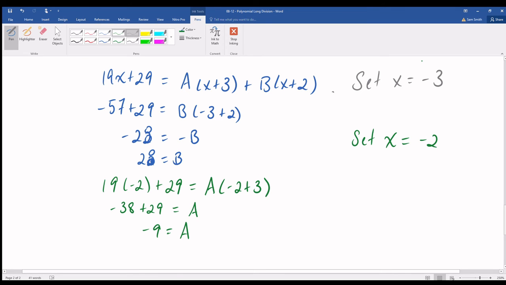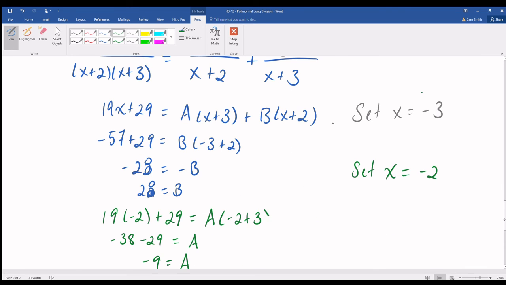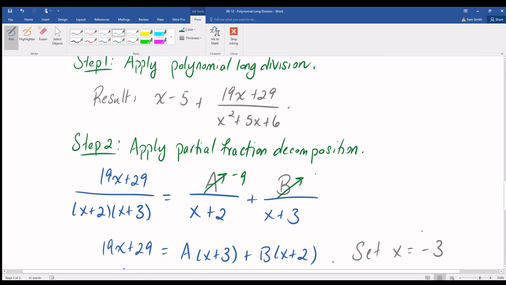Let's take stock. We now know that A is equal to negative 9, and we now know that B is equal to 28. So let us take stock fully of our integrand at this point. Our integrand consisted of this linear portion, x minus 5, plus the reduced rational portion, which we now know is equal to this sum.